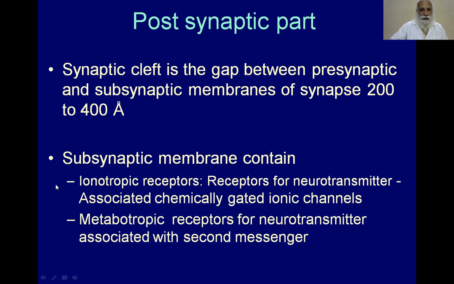Ionotropic receptors bind the neurotransmitter and are associated with gated ionic channels, sodium and potassium: generally sodium for an excitatory synapse, and potassium if it is inhibitory. The metabotropic type refers to a second messenger system in the postsynaptic part. When a neurotransmitter binds with the receptors, that causes activity associated with the second messenger, and the second messenger is what produces the voltage change.